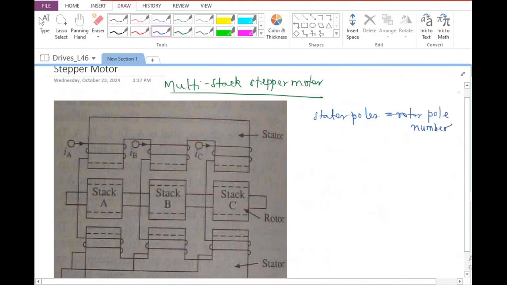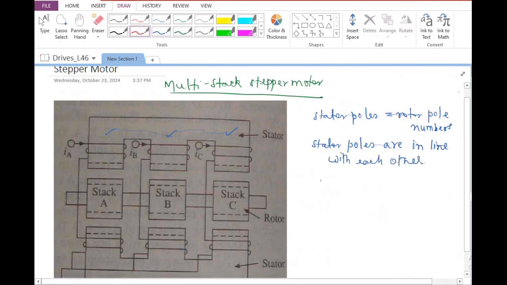Both of them are going to be equal in number, and there can be more than one stack. In this particular case, 3 stacks are shown. So the stator has 3 stacks, and they will not be staggered from each other. The stator poles are not staggered, rather they are in line with each other, whereas the rotor poles are going to be staggered from each other.